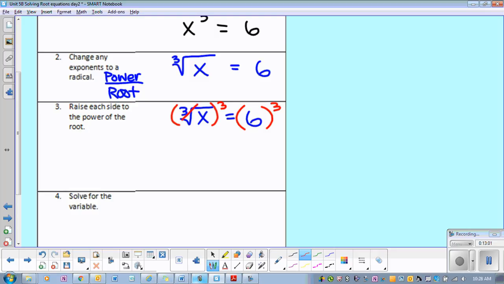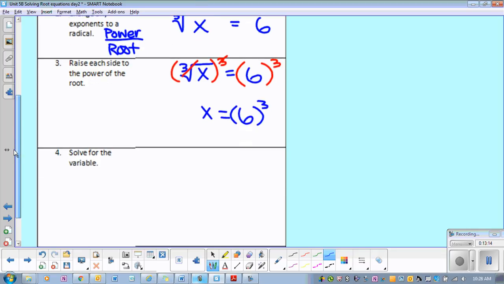So then now that cube root and that cube, they cancel each other out, and you have x equals, oh, what's 6 cubed? Good. So x equals 216. Okay?